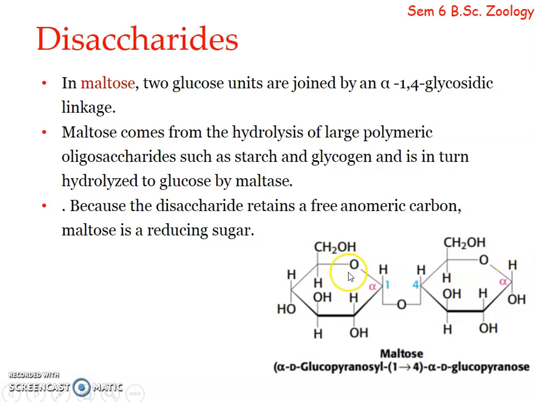Fine. Now coming back here, the first sugar is alpha D glucose, and how do we name it? Alpha D glucopyranoside, right? The first carbon forms a glycosidic bond with the fourth carbon of the second D glucose. Okay, so it is actually a 1,4 linkage.